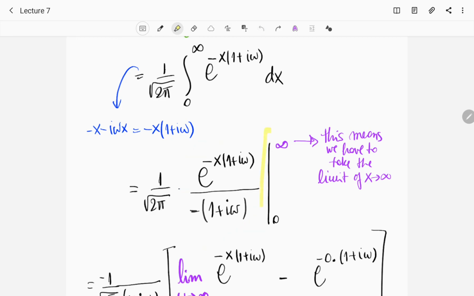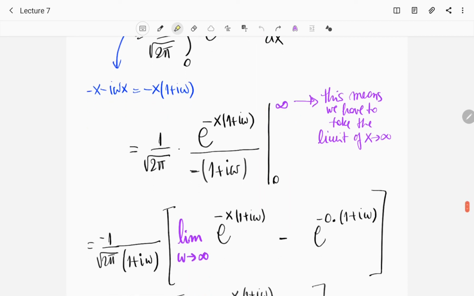And we use the same notation, like, oh, we have to evaluate in infinity and then evaluate at 0, but it's not true that we can evaluate in infinity. So what this notation means is that we have to take the limit of x going to infinity.